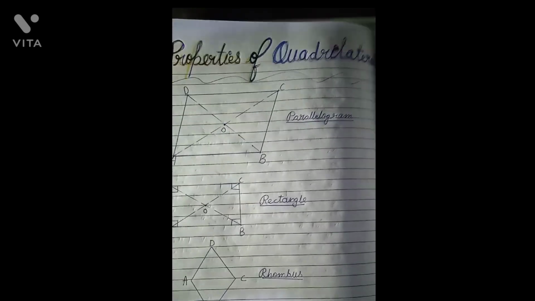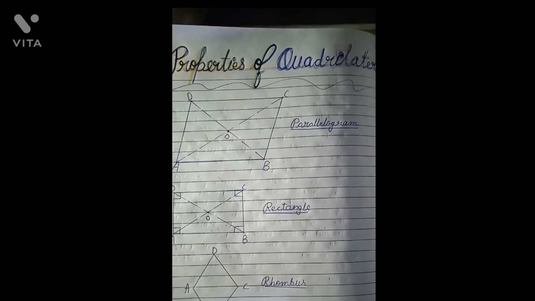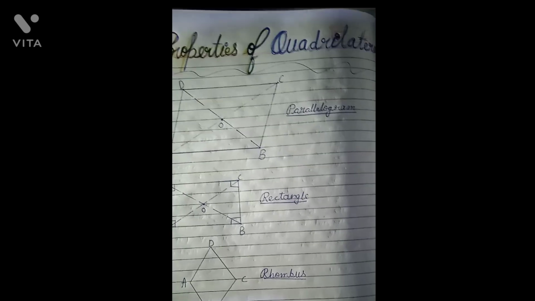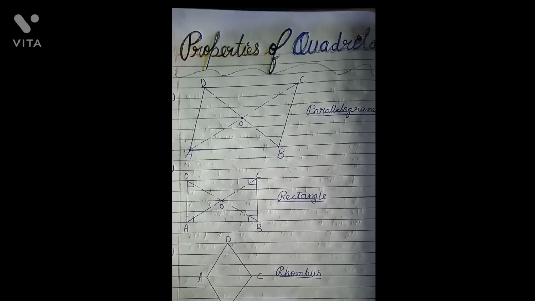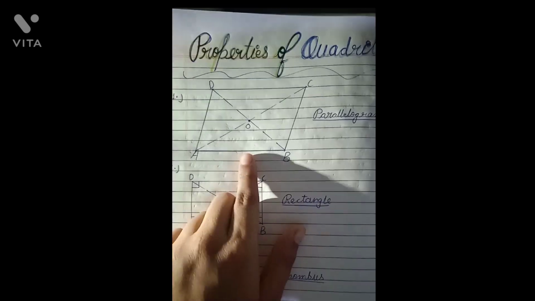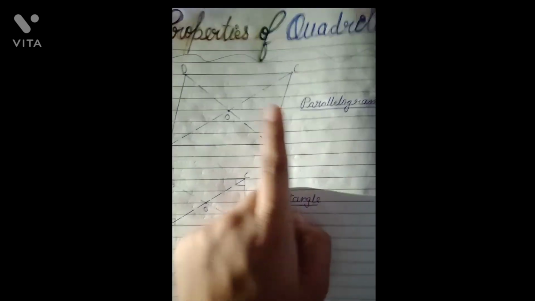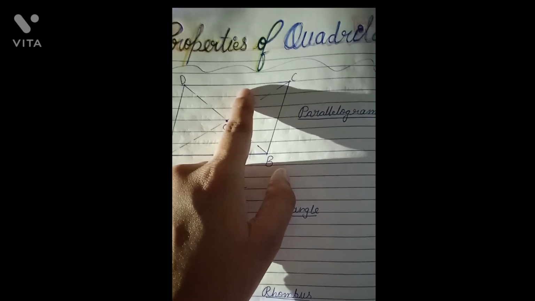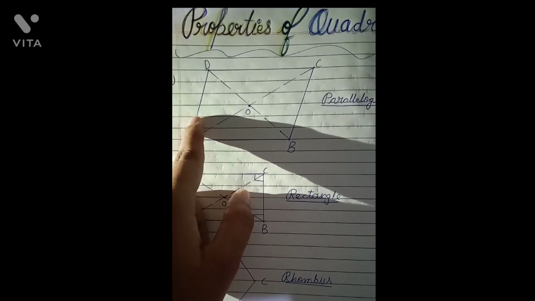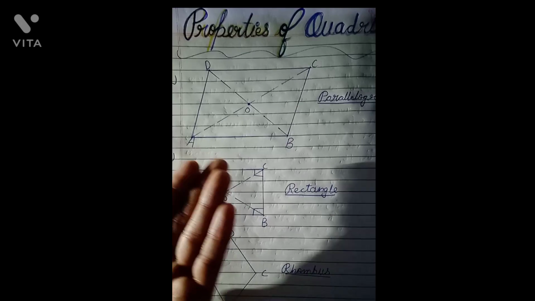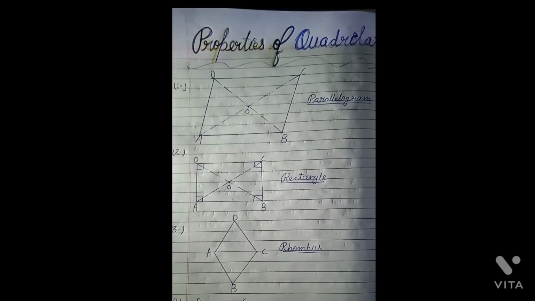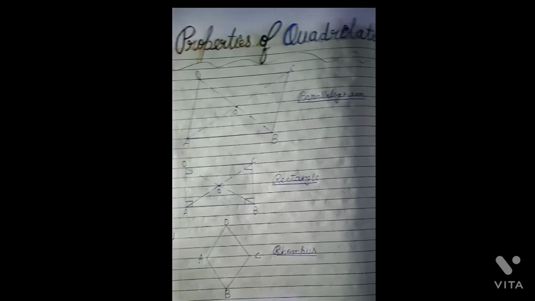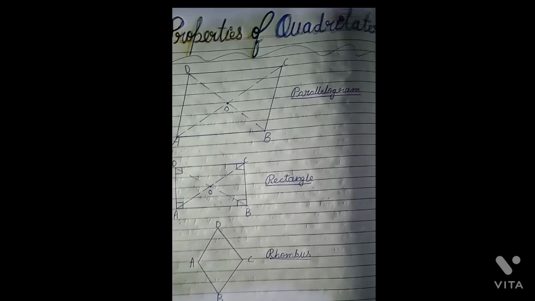The fourth and last property of a parallelogram is that the sum of adjacent angles is always 180 degrees, which means angle A plus angle B is equal to 180 degrees, angle B plus angle C is equal to 180 degrees, angle C plus angle D is equal to 180 degrees, and angle D plus angle A is equal to 180 degrees.